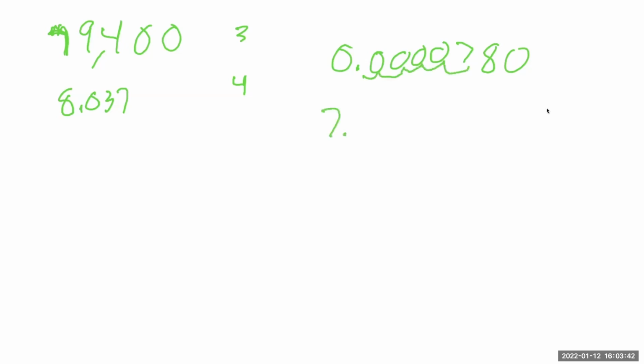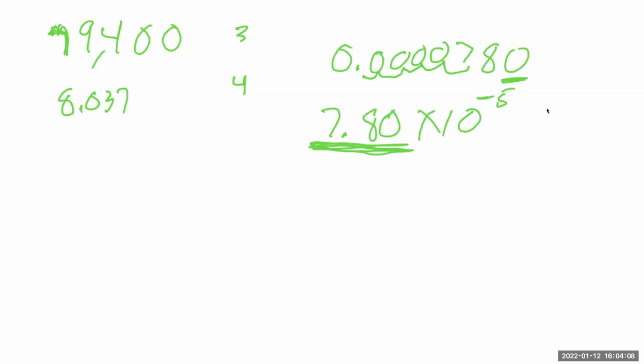So 7.80, because this zero is significant, right? Yes, because it comes after the decimal point, after digits. They're not leading zeros. So 7.80 times 10 to the 5, and we made this number bigger, so you're making the exponent smaller. So it's -5. Just remember that this number has to be between 1 and 10, and these are your significant figures right there.